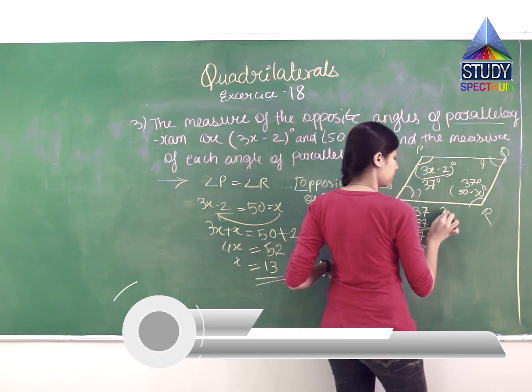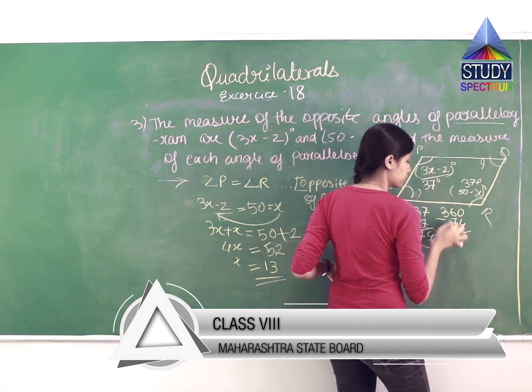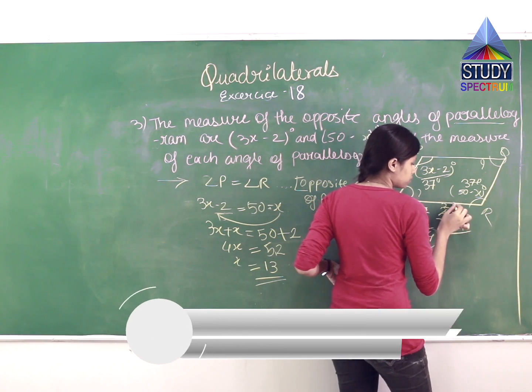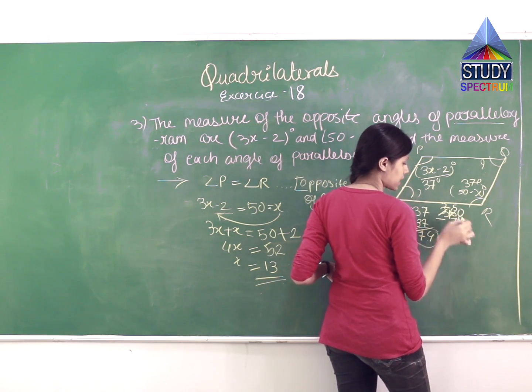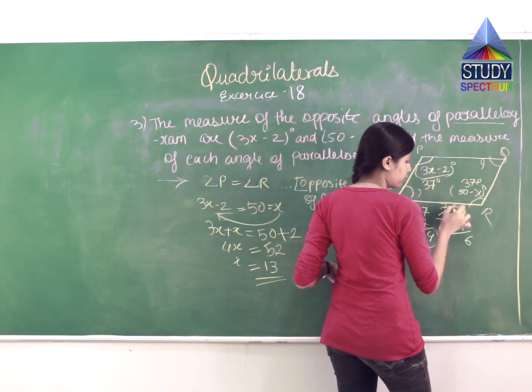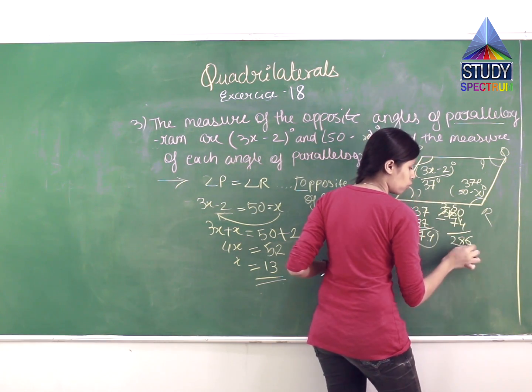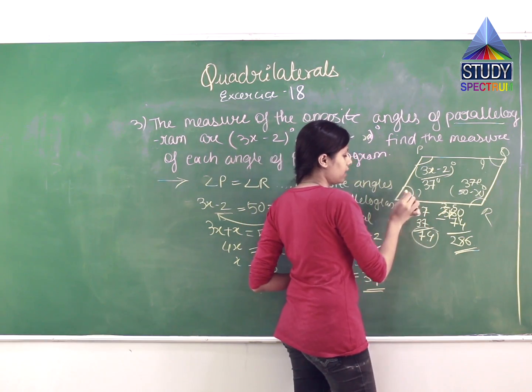So 360 minus 74. 10 minus 4 comes to 6, and 15 minus 7 comes to 8. 286. 286 is the combined value of Q and S.